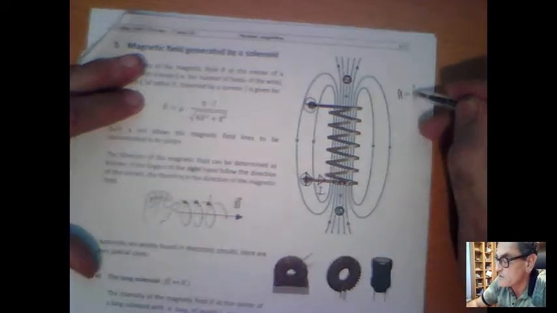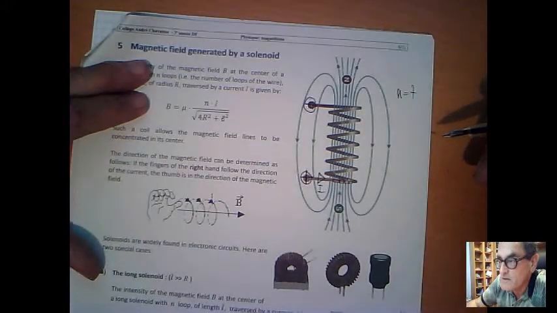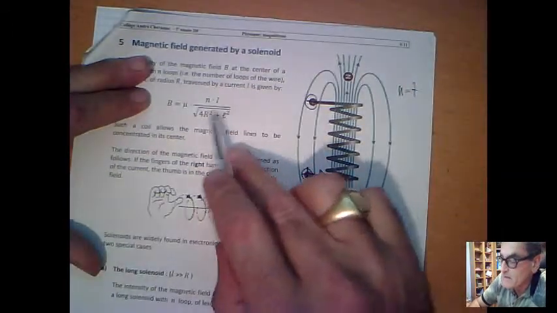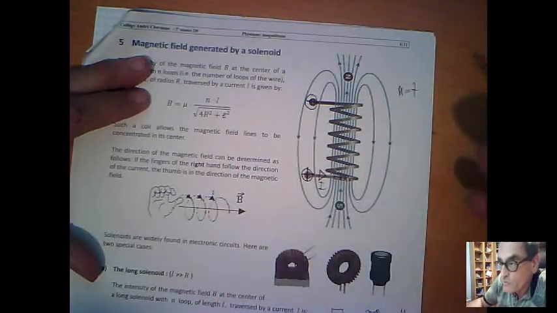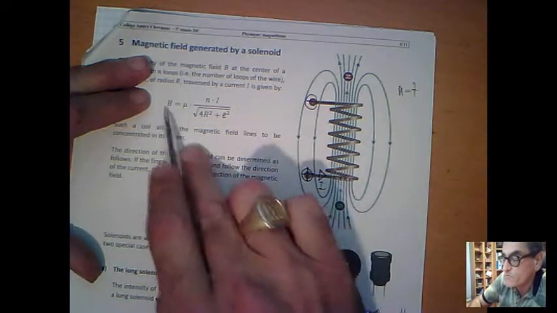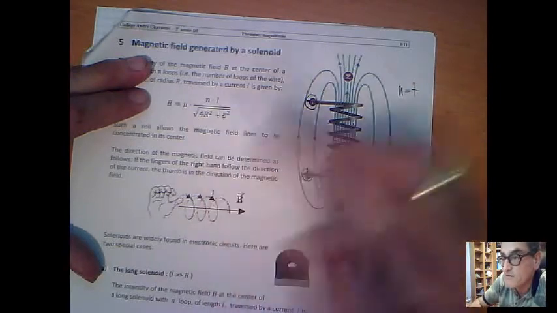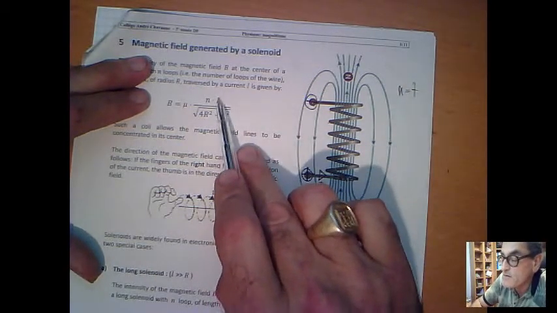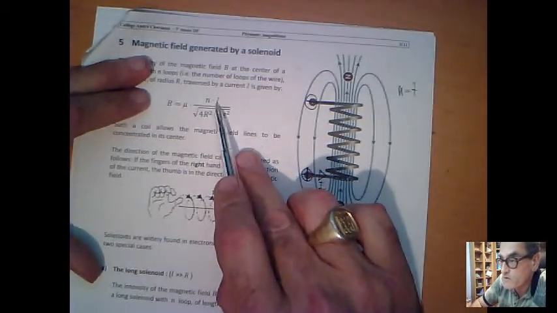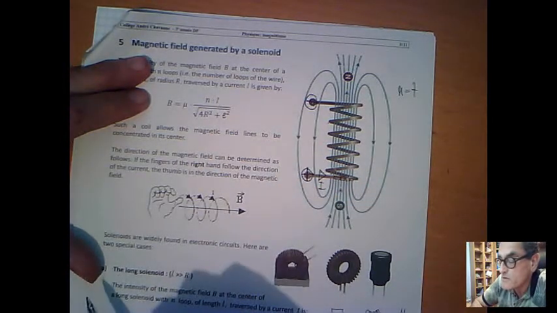Okay, this is a coil with 7 loops. Okay, the more loops you have, the more powerful the magnetic field will be. If you double the number of loops, the intensity of the magnetic field will double. Then, if you increase the current, the magnetic field will increase too. So you have N times I in the numerator.